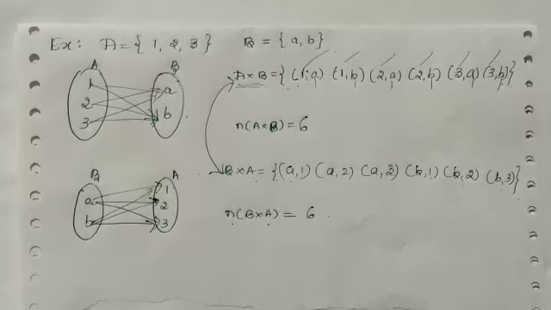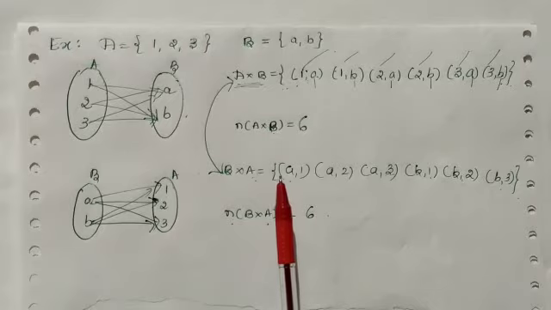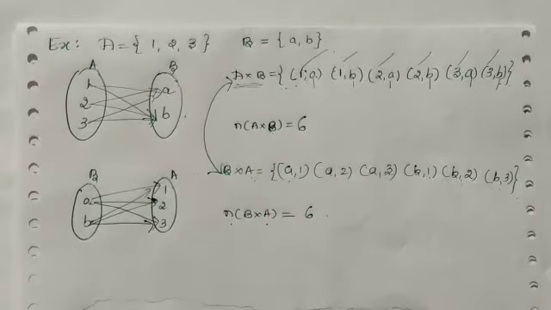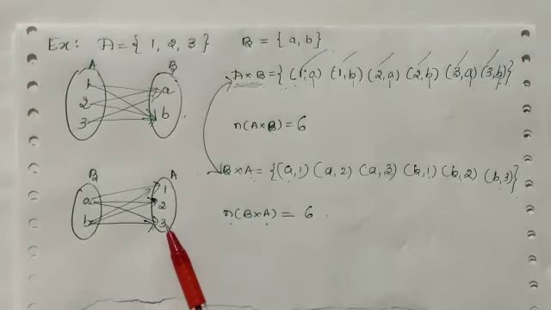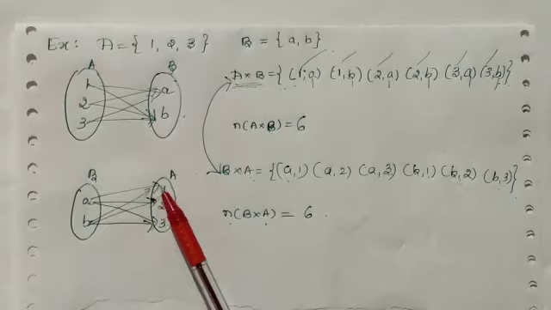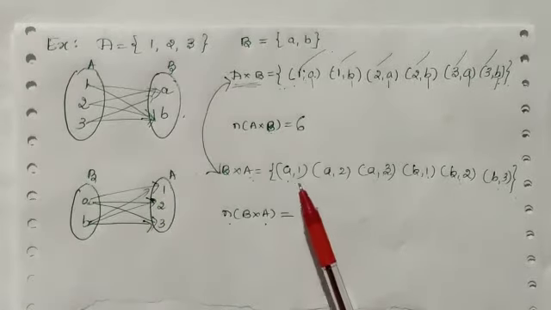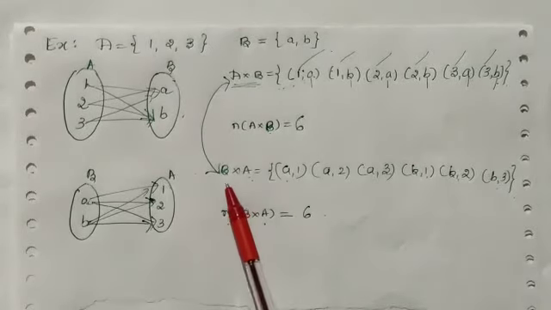Similarly, we'll find the Cartesian product of B and A, written as B cross A, and its elements will be A1, A2, A3, B1, B2, B3. Again, we get a total of 6 elements in B cross A.